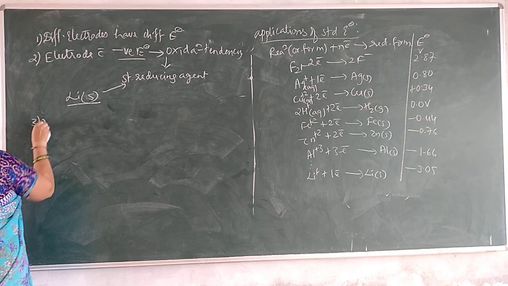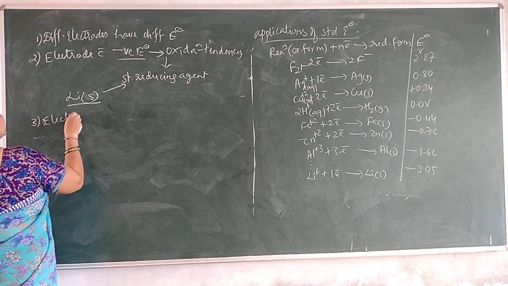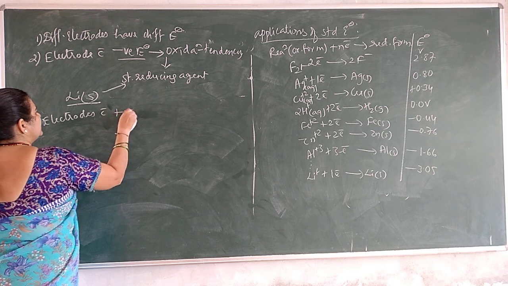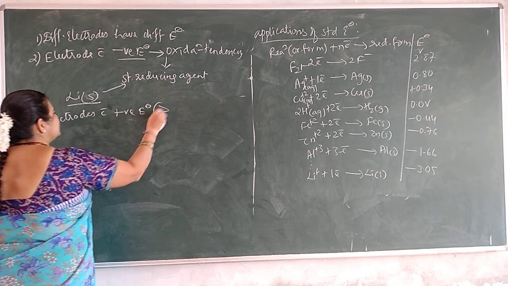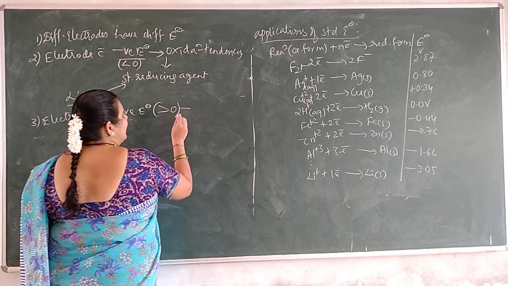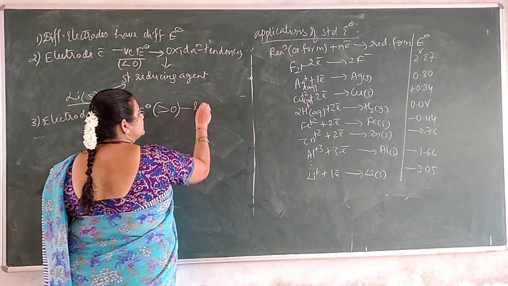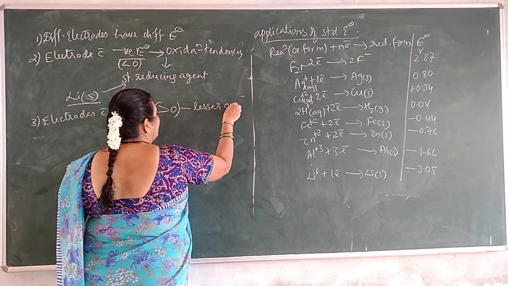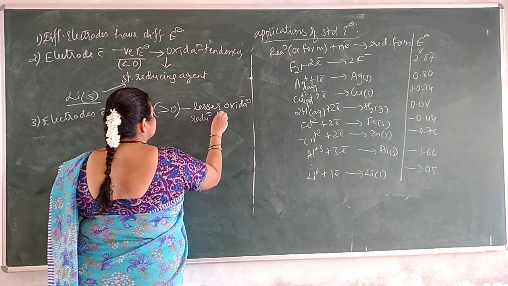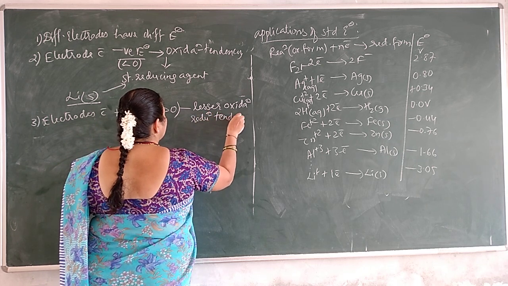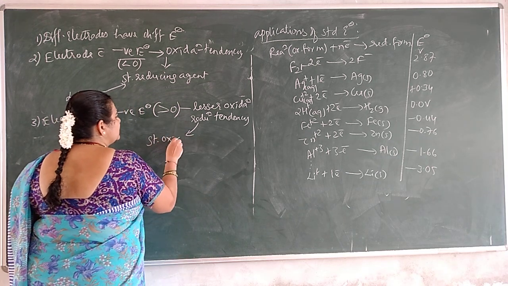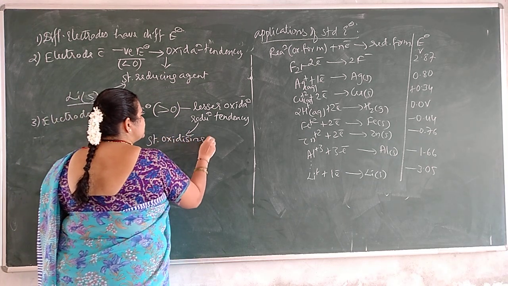Third property: electrodes with positive electrode potential, that is greater than 0, have lesser oxidation tendency but show more reduction tendency, so they act as strong oxidizing agents.